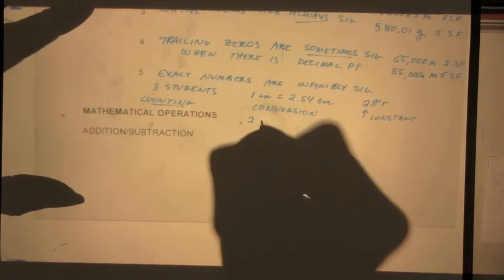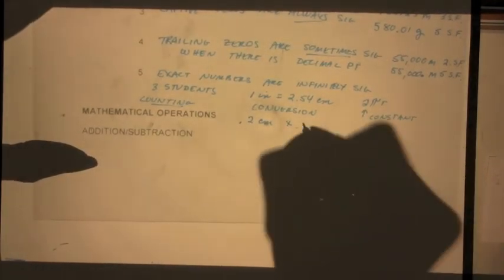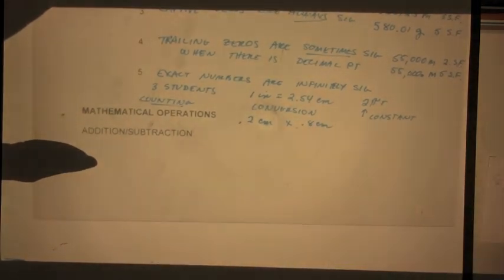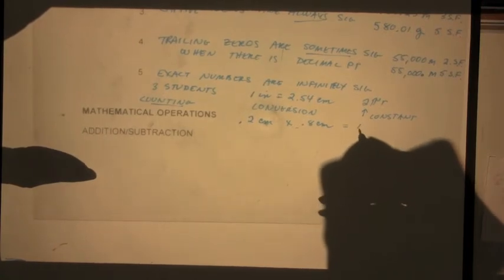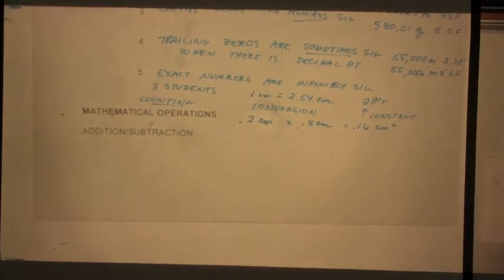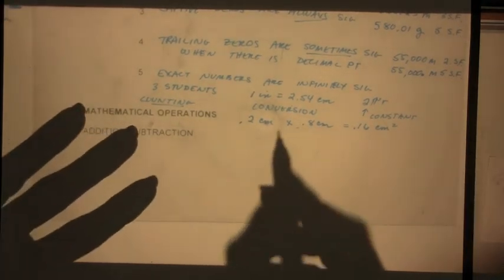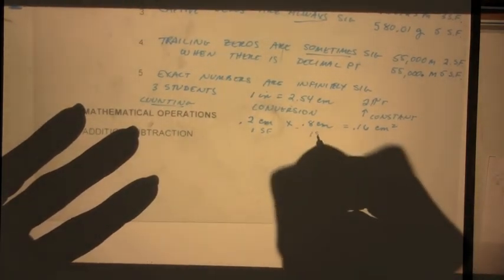So for example, if I take 0.2 centimeters and measure a square or a rectangle, and it's 0.2 centimeters by 0.8 centimeters. All right, if you multiply these two numbers together, you get 0.16 centimeters squared. Now here I have only one sig fig, and here I have 1 sig fig.